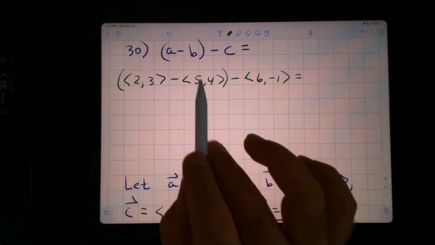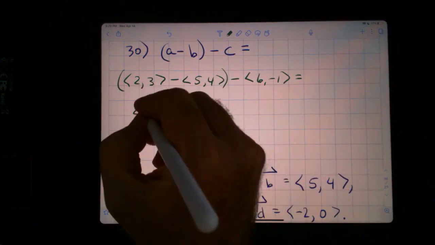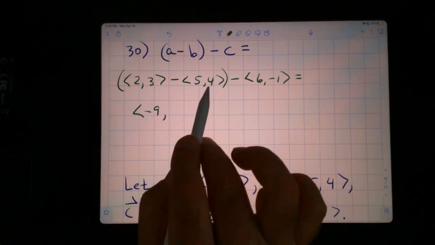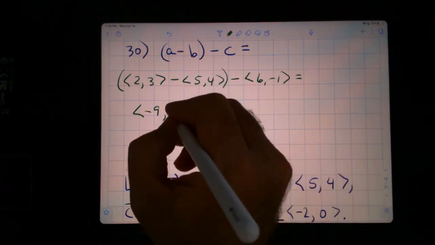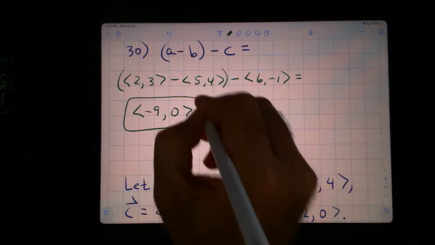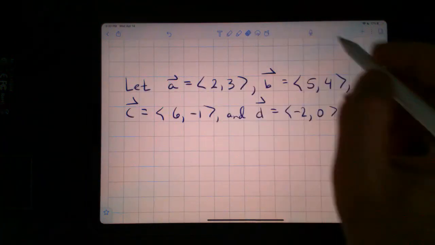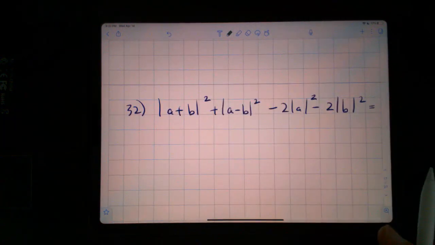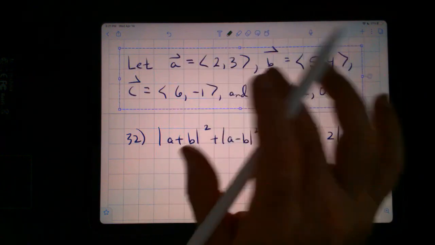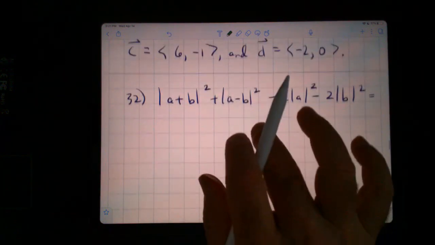So we have 2 minus 5 minus 6, negative 3, negative 9, and 3 minus 4 plus 1 gives me 0. 3 minus 4 is negative 1, plus 1 is 0. Okay.